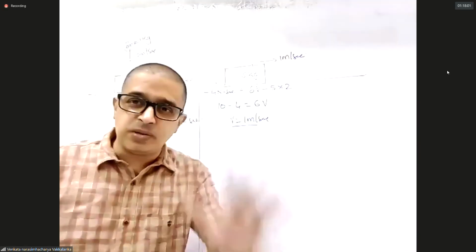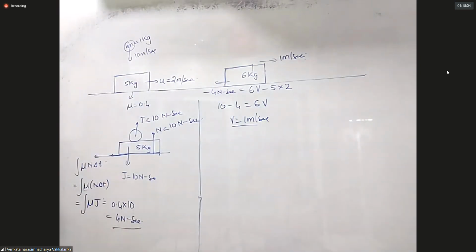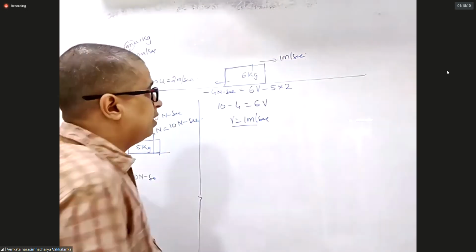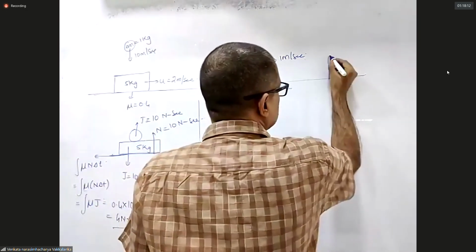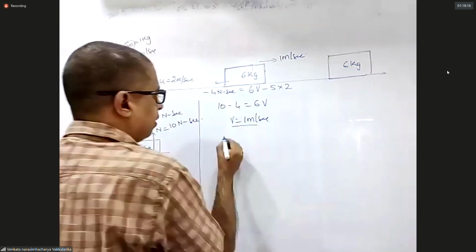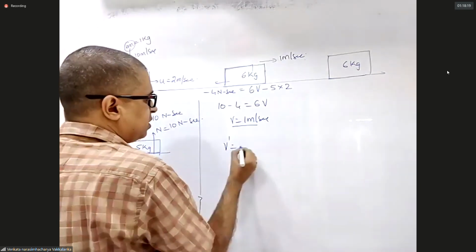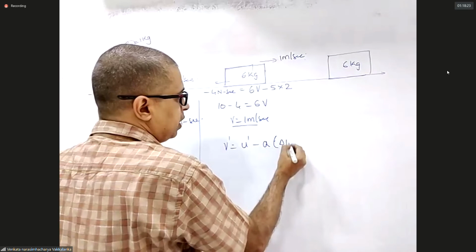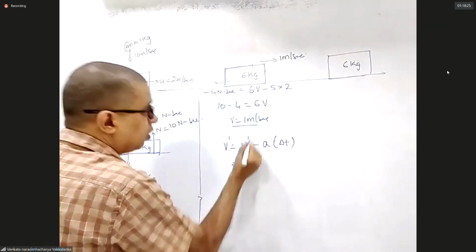This is the first part of the problem. Till here, everybody clear? Now something else is happening. Now this is traveling some distance in time delta T. V dash is equal to U dash minus A into delta T. What is U dash?